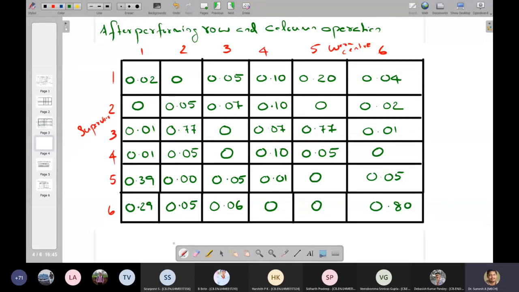Now what is to be done? Check for single zero row. So the first row itself is single zero. So the first row is selected.